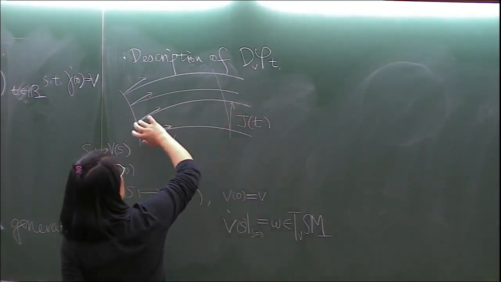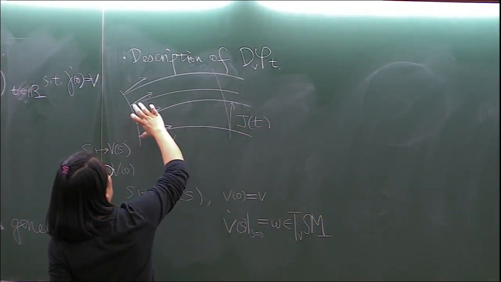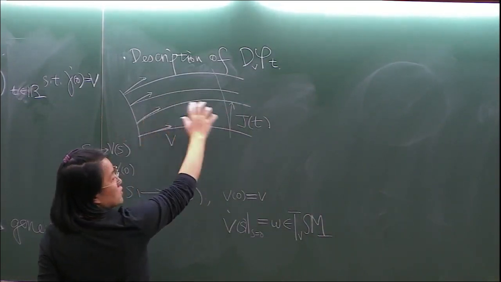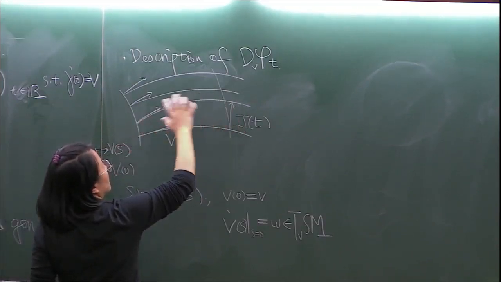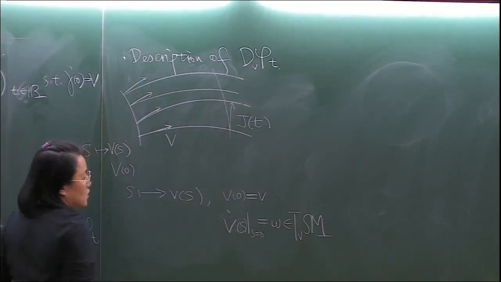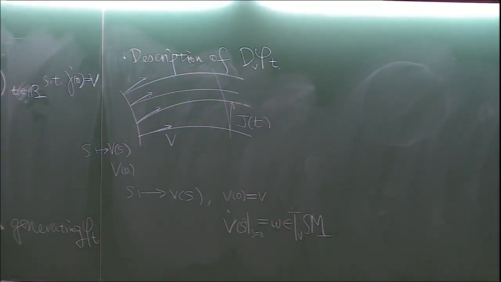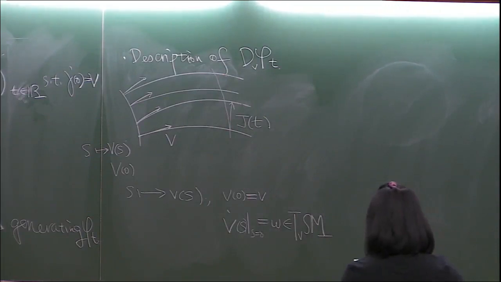You see what this is? Actually, the Jacobian field is the tangent of the variation of the geodesics, right? You start from V_s, then you go to time t. These orbits are all geodesics. So this is the tangent of the variation of this one-parameter family of geodesics, J_t.